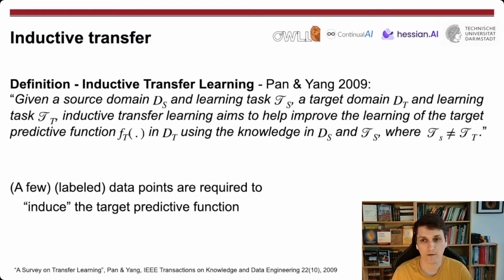The reason why this is called inductive transfer learning is that in the transductive case that we've just had, the domain adaptation case, the intuition may be that the task is not changing, so maybe it's not really necessary to have new data points to find a good solution for the function. But in the inductive case, if the task itself is actually changing, it may more or less be required to have at least a few, and we can discuss this later, data points that are required to induce a new target predictive function, hence inductive transfer learning.